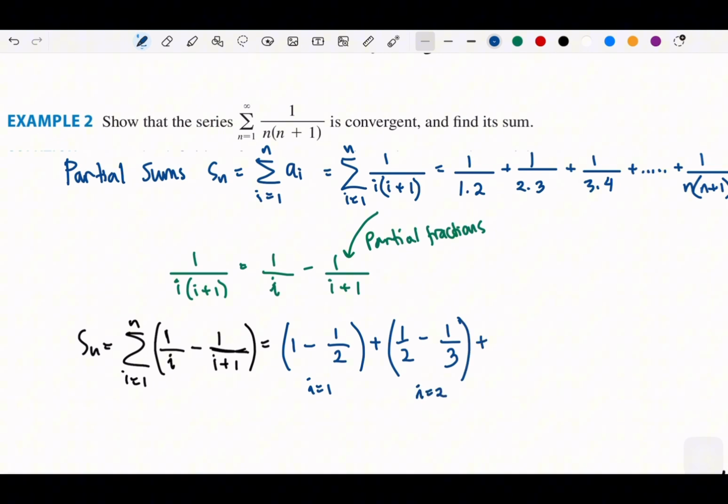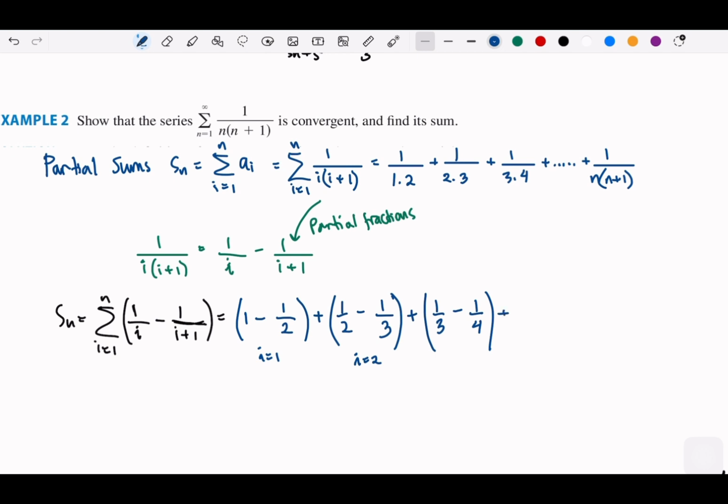And then plus 1 over 3 minus 1 over 4. And plus another 1 over 4 minus 1 over 5. You can see that it cancels every time we increase the terms. We are going to see the pattern. So I will just end here, and then we go for the last terms that we might have.